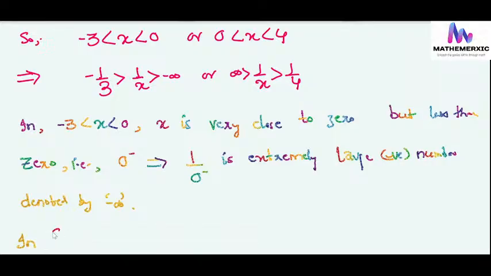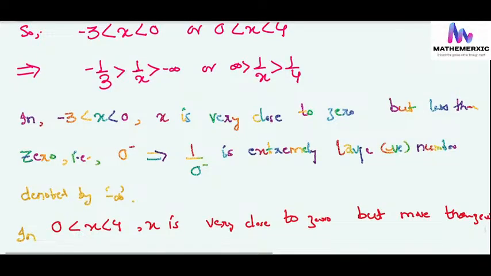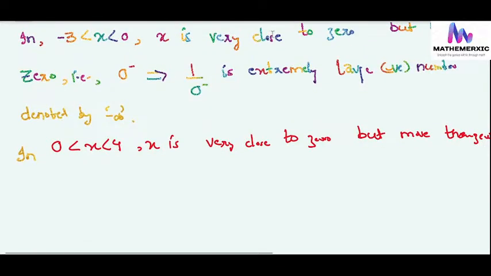In 0 less than x, for this case, what happens? x is very close to 0 but more than 0. So it is very close to 0, but it is a bit more than 0, I can say.